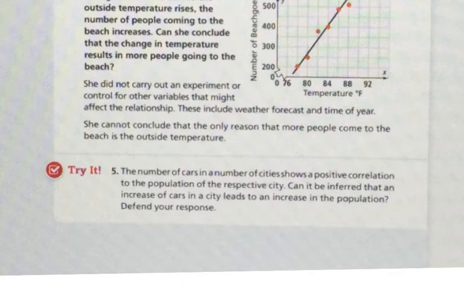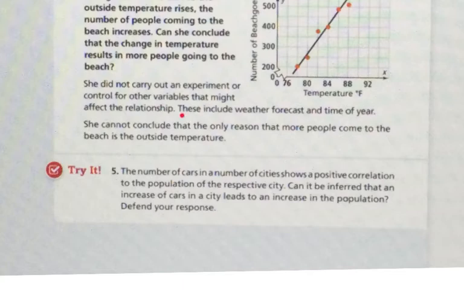Okay, so just because there is a correlation, you can't say that one causes the other. So going to bed early doesn't necessarily mean you're going to score well on the test. Those students that went to bed early and got more sleep may have done so because they felt confident in the material. They didn't need to spend time studying, right?